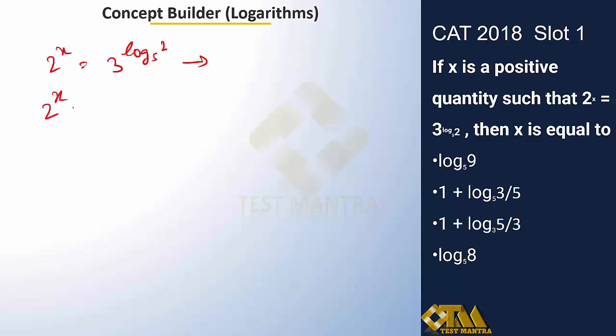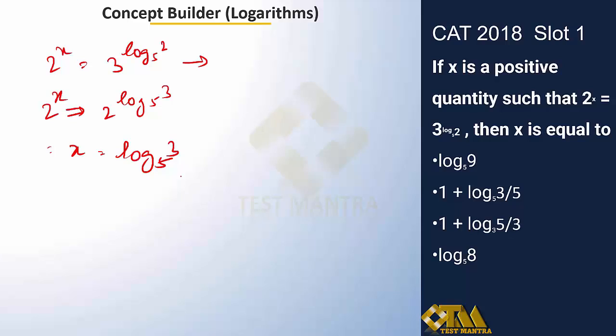I can say 2 raised to x will represent 2 raised to log 3 to the base 5. In other sense, I can say x will be equal to log 3 to the base 5, right? So log 3 to the base 5 is the value available here. Okay, but the problem is there is no option which will satisfy this condition here, right?